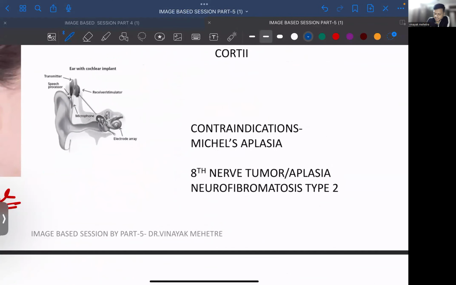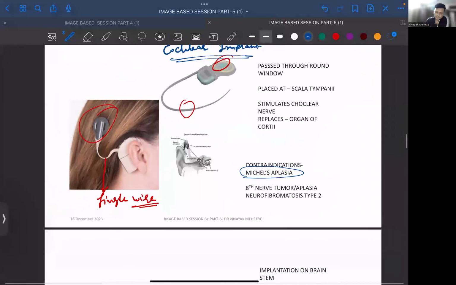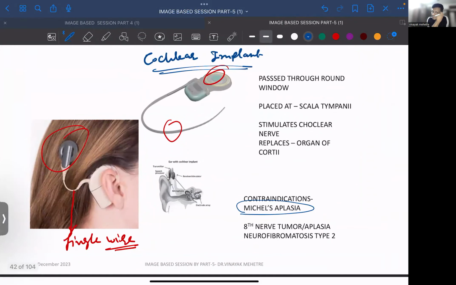Meckel's aplasia is the contraindication, right? And if disease is present inside the brain, SNHL मतलब sensory neural hearing loss, so brain should function, right? Then only this device can act. But if the problem is in the brain, of course we cannot put an implant, right? Reason being, brain में problem है, nerve में problem है, so this is not going to replace the cochlea, right? So there will be sensory neural hearing loss even after we put the implant.